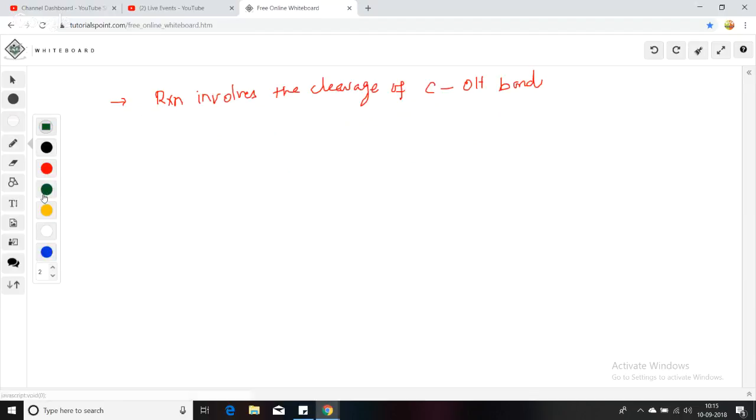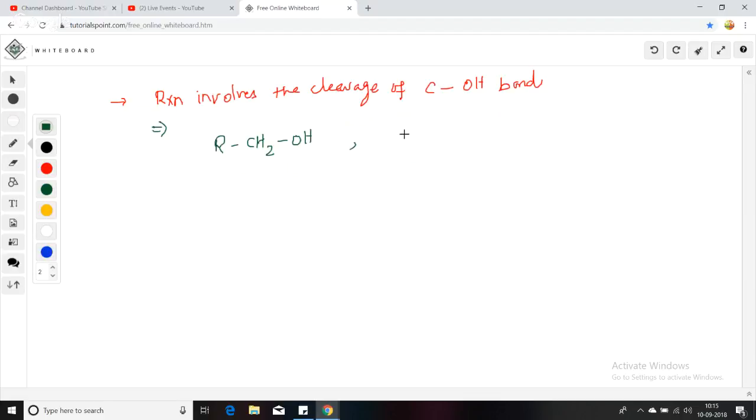One more thing that I have discussed here, that when this carbon oxygen bond has to break, how it takes place, that is again a very important thing that you have to understand. Suppose we have, if I take the example over here, 1 degree alcohol. So 1 degree alcohol means what? We have R CH2OH. This is 1 degree alcohol.